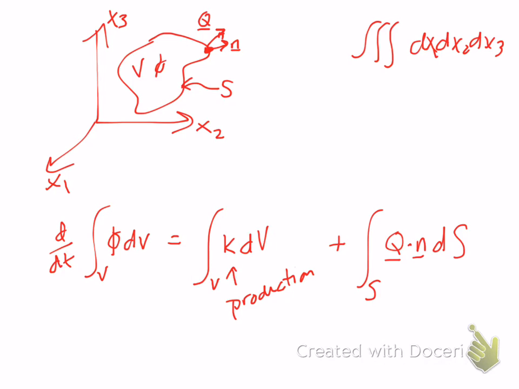You can think of phi as mass, as the number of kids on a school bus, or as the density of kids. You can think of phi as the amount of salt in a lake, or as the pollutants in the atmosphere. So anything that you want to keep track of, you're conserving that.